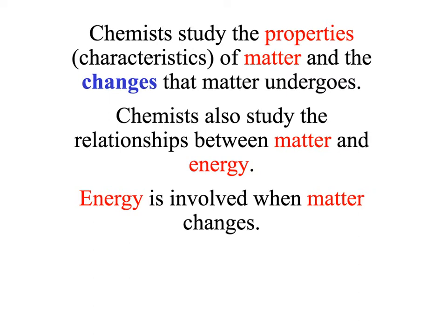Whenever matter undergoes a change, energy is always involved somehow. Remember, energy is not matter. It isn't made of chemicals. We talked about that and how light and heat and electricity are not chemicals. Those are energy forms.